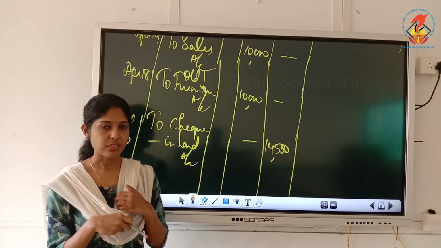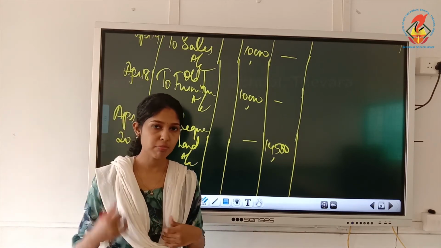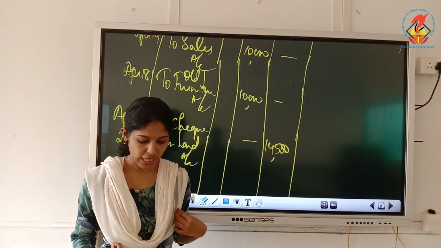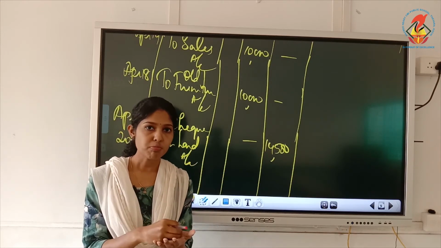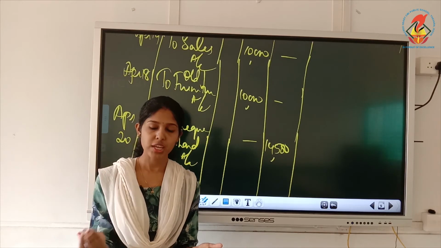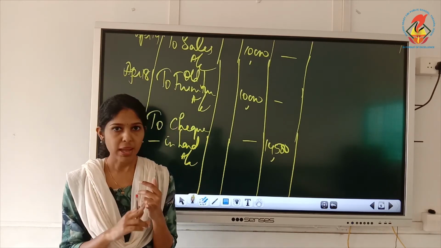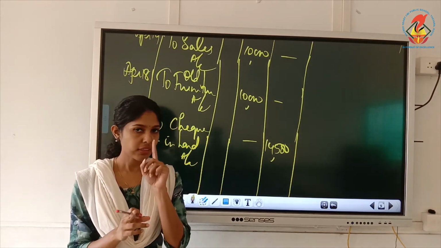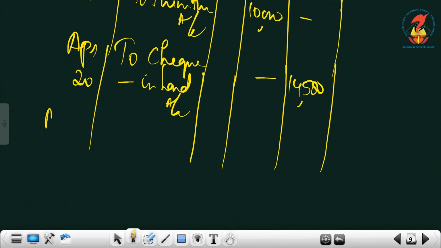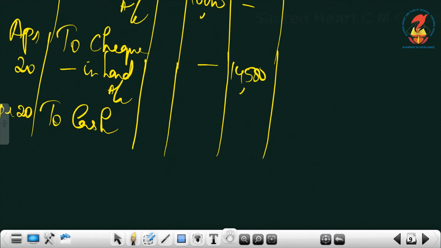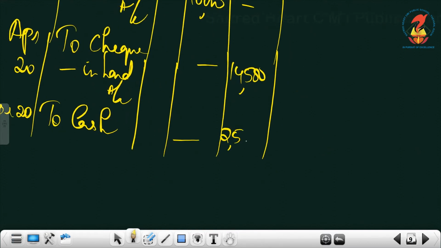Then along with that, not only the check you are depositing into bank, you have also deposited cash of 2,500. When you deposit cash of 2,500 into bank, what is the entry? Bank account debited to cash, and that is a contra entry. Posting must be done on both sides. So again on April 20th you have one more transaction, bank account, you are depositing, no? Yes. So bank account debited to cash account.